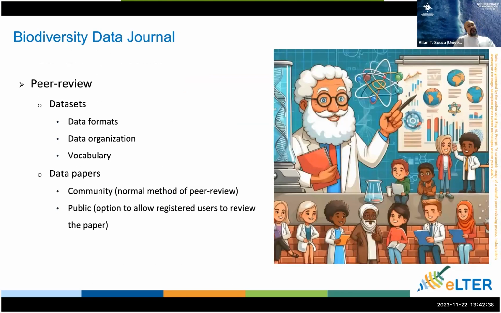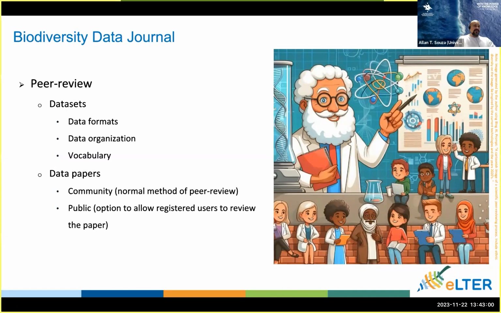So regarding the peer review, as mentioned before, there's kind of a curation that goes into this process. I can say that the peer review system is split in two phases. The first phase is the peer review of the data set, where the curation happens.